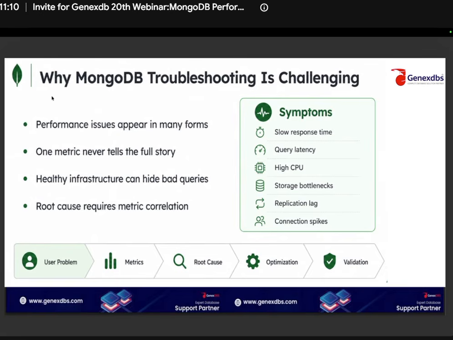First, we have to identify the affected layer where the issue originates, and then collect the relevant metrics and correlate them to identify the actual root cause. Then we have to implement the fix through targeted optimization techniques or strategies, and then validate the improvement with data. So rather than reacting to alerts, we have to correlate the metrics to identify the actual bottlenecks.